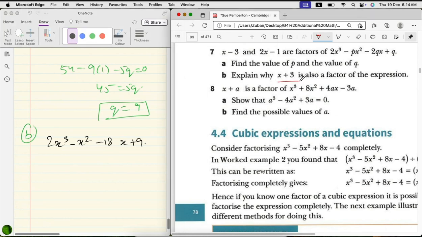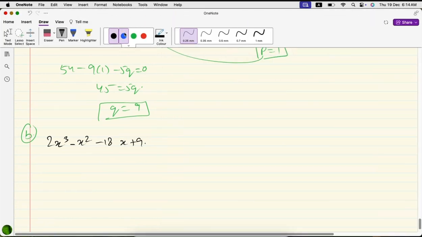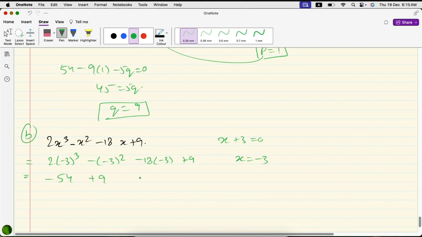It says x plus 3 is also a factor. Why is x plus 3 a factor? We'll just check, because it would leave a remainder of 0 when divided. 3 into 3 into 3 is 27, into 2 is 54. 3 square is 9, and 18 into 3 is 54.